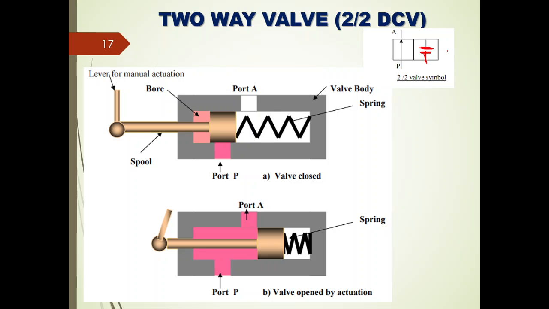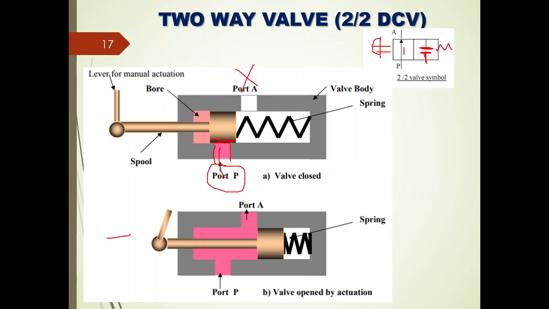That means we are not applying the pressure here. We are not actuating the first position, so automatically it will be in the spring return position. In the spring return position, there will not be a flow because the pump flow we are supplying will be obstructed with the help of this spool land itself, right? Because of which there will not be any flow from P to A.